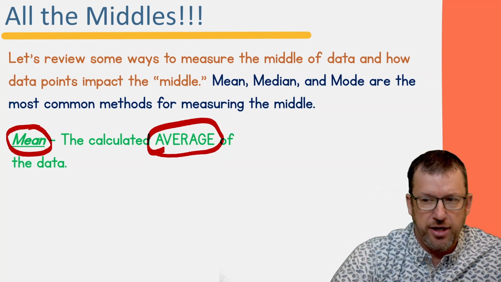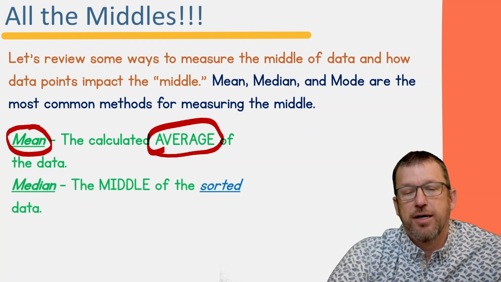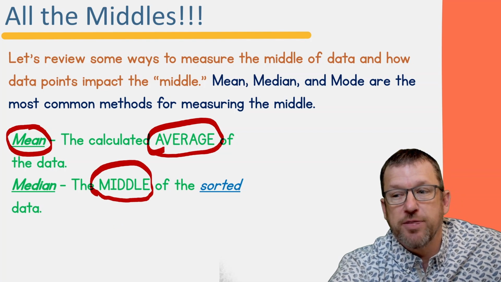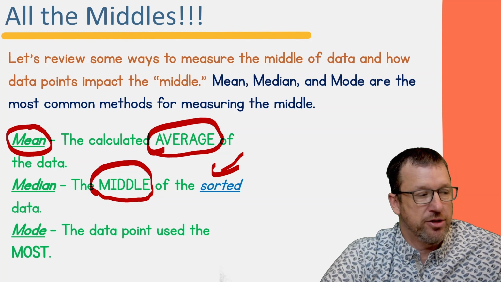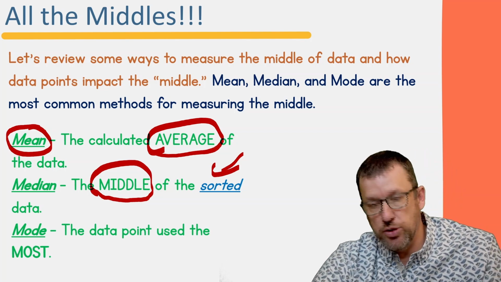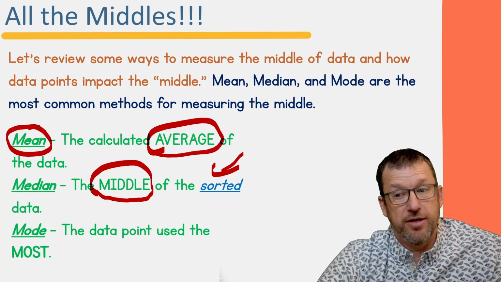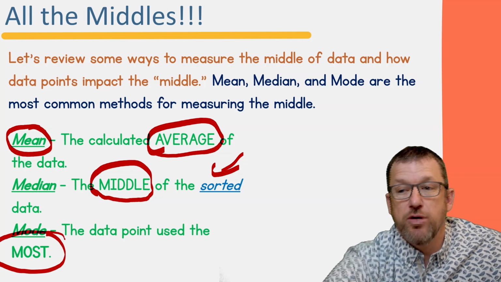What's his average shooting percentage? Median is the middle of the data points, but you have to sort that data. Mode is the most easily used. Look at all your data points and is there a number that is used the most?